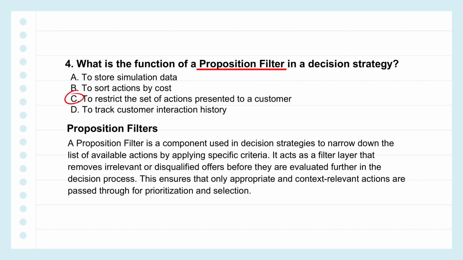Give me an example. Maybe a filter ensures you don't see an offer for a mobile plan if you already have that exact plan, or it filters out mortgage offers if you just got one last month. So it's like a don't bother showing this list for things that are definitely irrelevant or redundant right now. Precisely. It narrows down the possibilities before the system spends time calculating complex scores for everything. It's an efficiency thing, too.